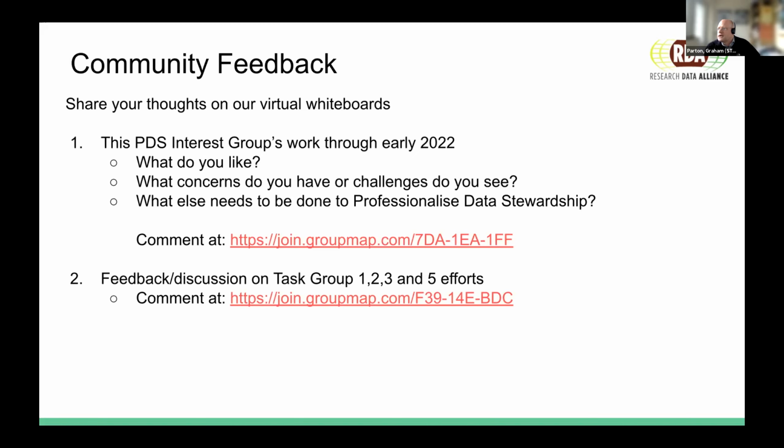So Laura types, others have raised this already, but to be efficient, it's worth keeping in touch with the education and training interest group as well on the training activities. Thank you, Laura. And also the Terms for Fair Skills working group for the terminology work. I think I've seen the Terms for Fair Skills mentioned a few times in the feedback.